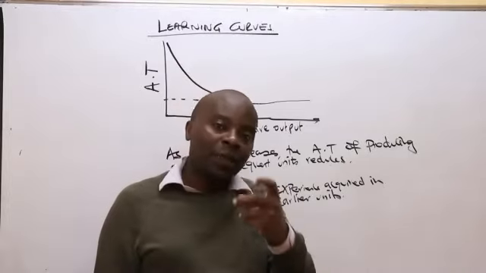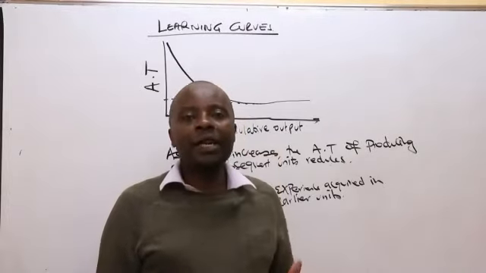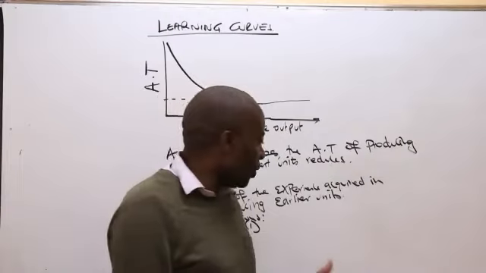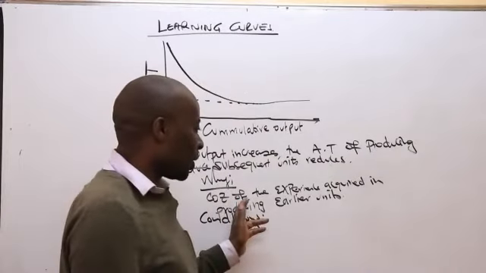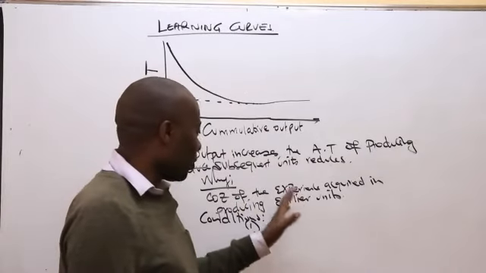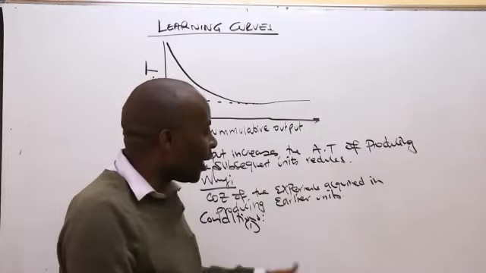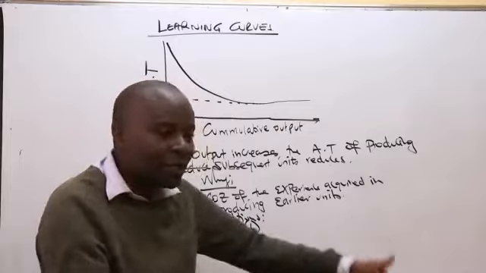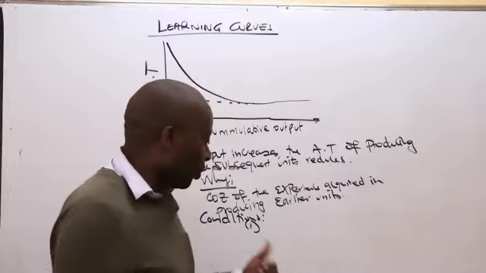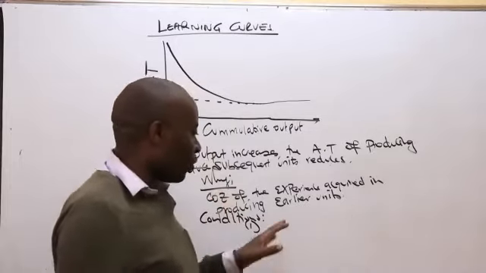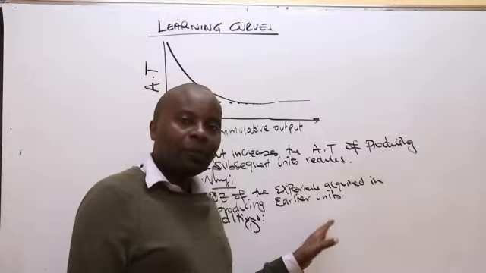So we are speaking about homogeneous, because of the experience acquired while producing earlier units that are similar to the ones that you are currently producing. So that is the first condition, homogeneous product. Very important.